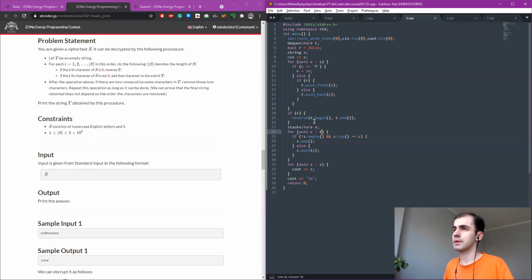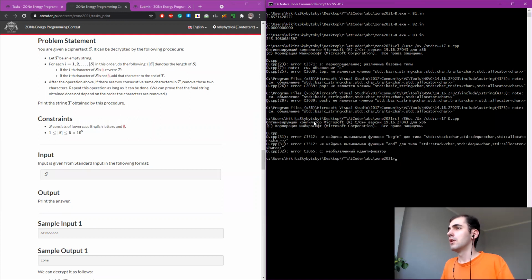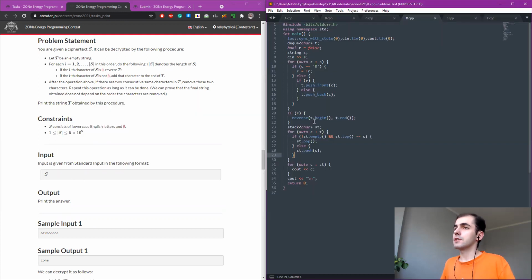Because I just redefined the variable. I should not have done it. I completely agree with the compiler. Can't have two variables with the same name in one context. Yeah, unfortunately, stack is not possible.